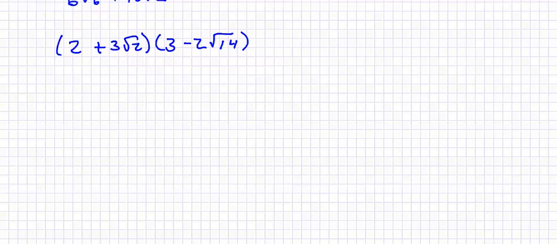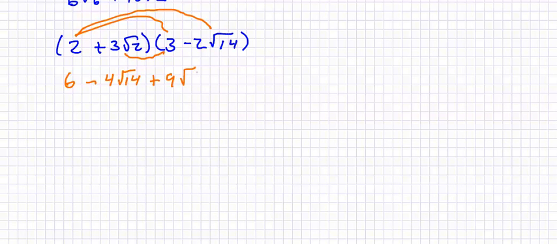Now we're going to FOIL. 2 times 3, 6. 2 times this, the outside parts, minus 4 square root of 14. This times this, plus 9 square root of 2. And lastly, this times this, minus the outside part, 3 times 2 is 6.